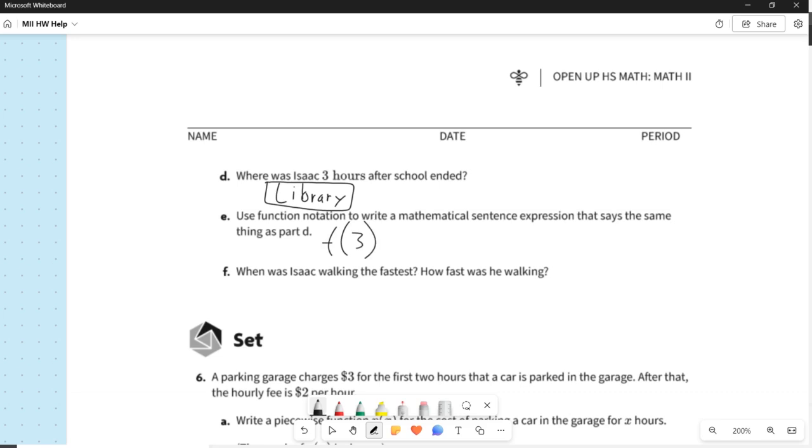So f of 3. And when we evaluate f of 3, we get 1.5. And remember, the library is 1.5 miles from Isaac's house, right? So this, again, is just another way of saying he's at the library.